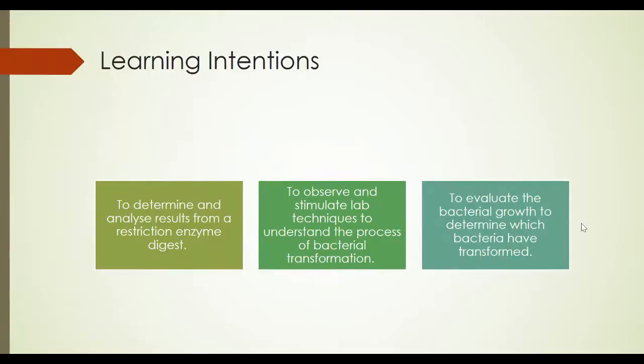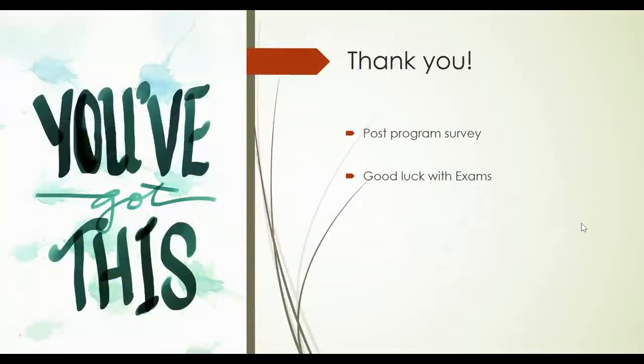So let's recap, guys. Hopefully by the end of this session, you can start to see why we use restriction enzymes for digest. Sorry, we had to rush it a little bit. And that you're able to observe and do your own virtual lab with a bacterial transformation. And lastly, to evaluate the growth on the plates, to work out who has been transformed and who has not.